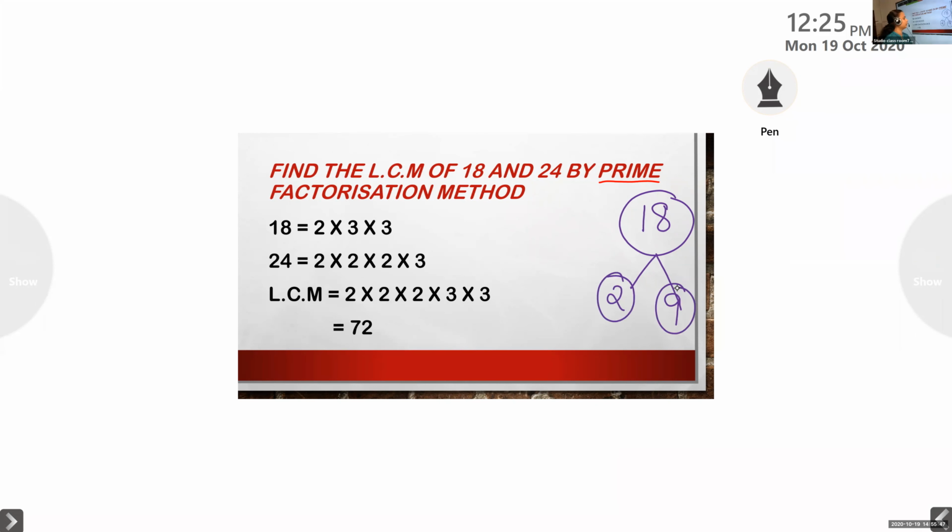So now, how can I make this 9? 3 into 3. Okay. So 18 can be written as 2 into 3 into 3. So 2 into 3 is 6, 6 into 3 is 18. So this is how we can write 18 as the product of prime numbers.